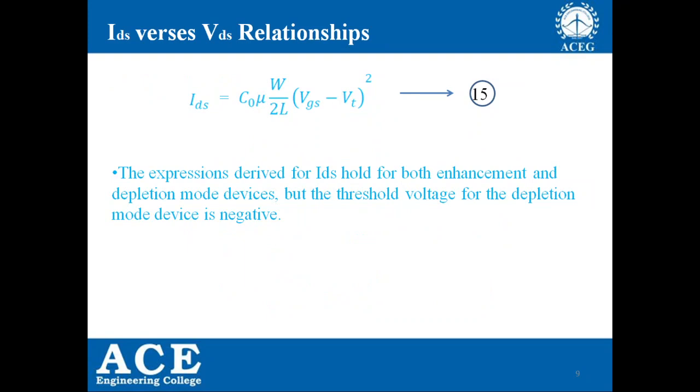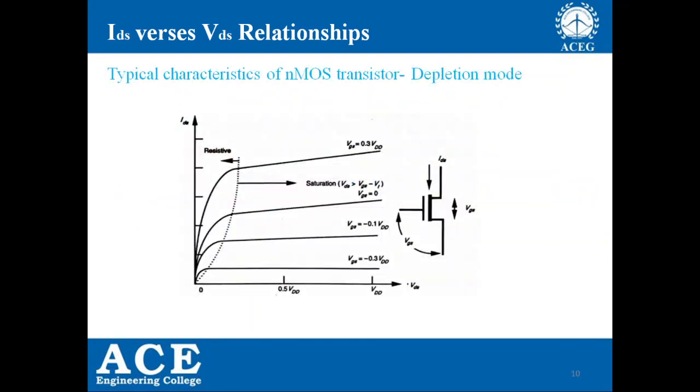And now let us see the graphical representations of these IDS-VDS characteristics. So, let us take the VI characteristics, that means output characteristics also we can call. So, if we take VDS on the x axis and IDS on the y axis.